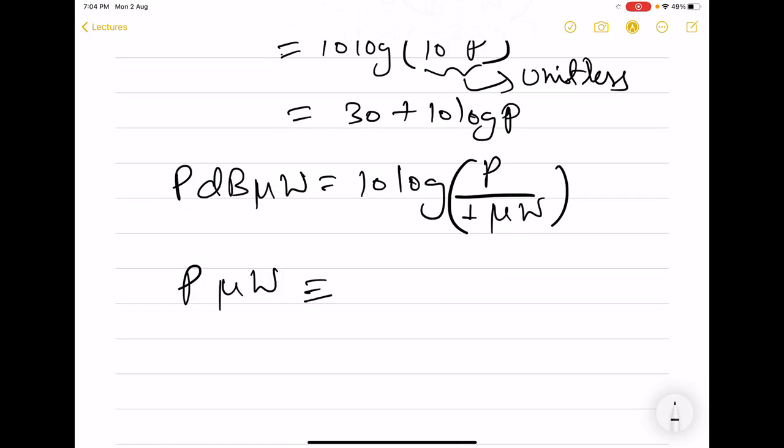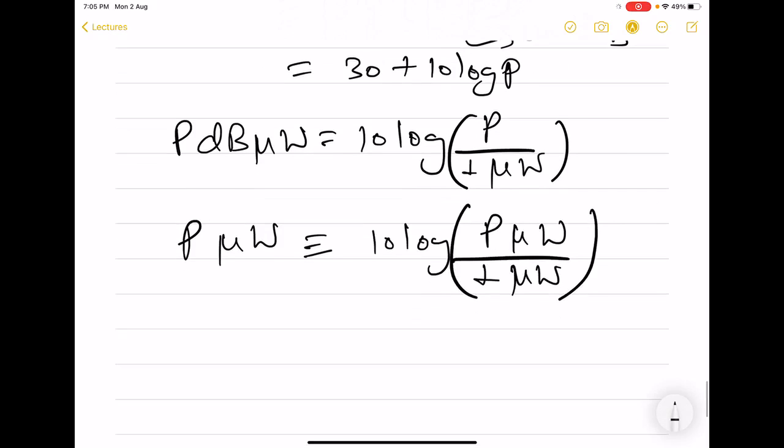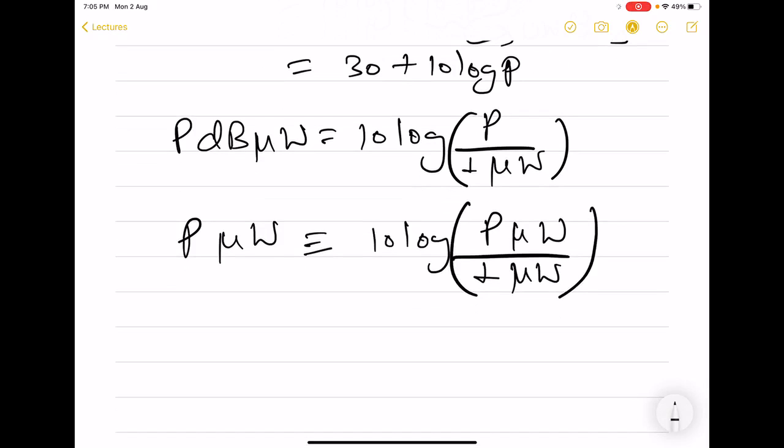Then it is 10 log of P microwatt divided by 1 microwatt. So in this case, we already have numerator and denominator in the same unit, so the calculation will be simpler.